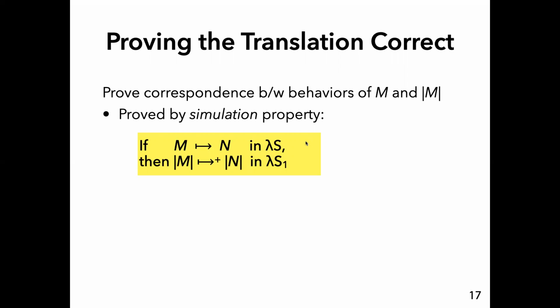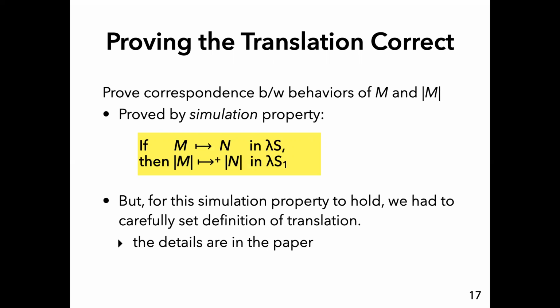One-step evaluation in the source calculus corresponds to multi-step evaluation in the target calculus. I don't have enough time to explain details, but we had to carefully set the definition of translation for this simulation property to hold.